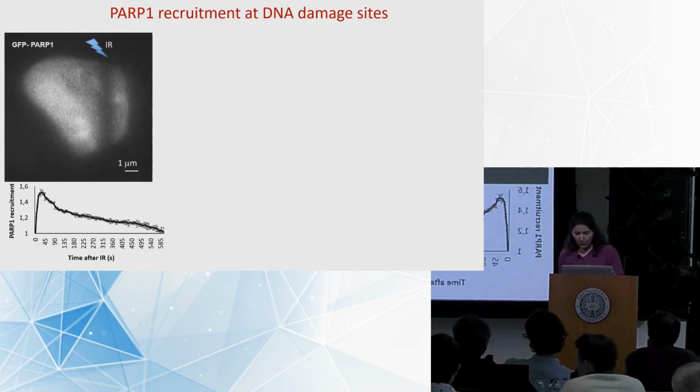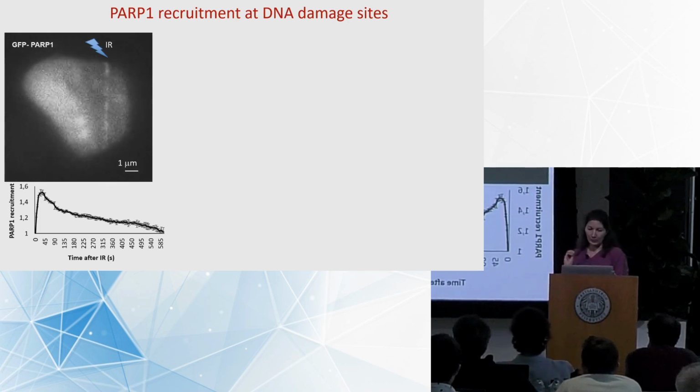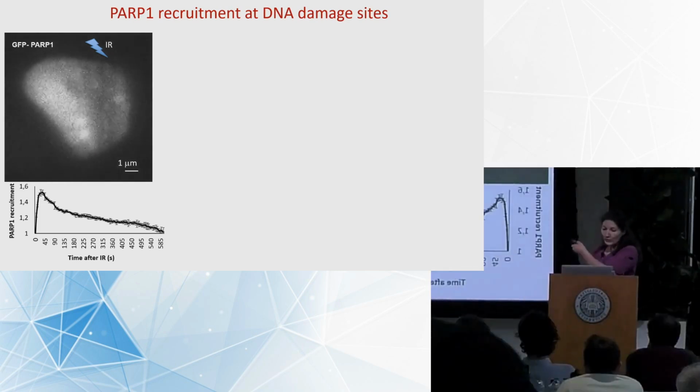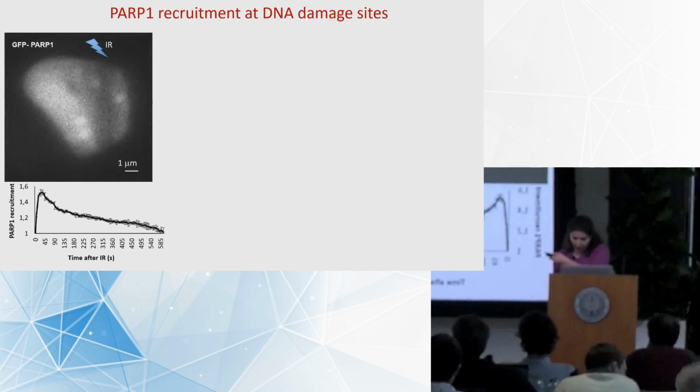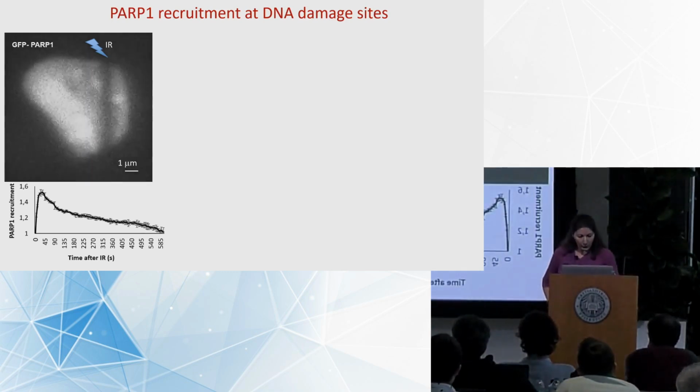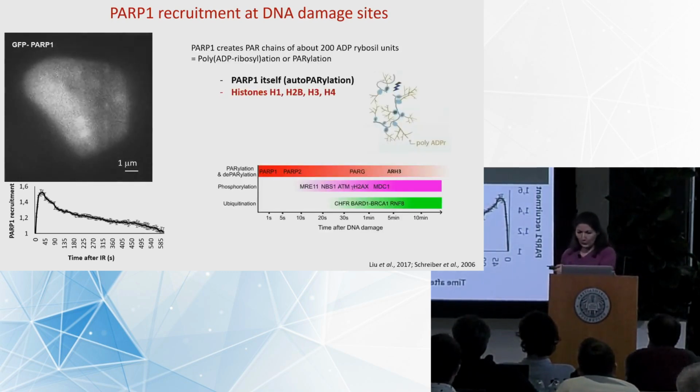So we come back to the basics. To understand better what happens, we start with the very first event happening after damage, and this event is the recruitment of PARP1. Here you can see the PARP1 proteins in live human cells. PARP1 is recruited on this line, which is irradiated using UV, and PARP1 will create PAR chains of about 200 ADP-ribose units.